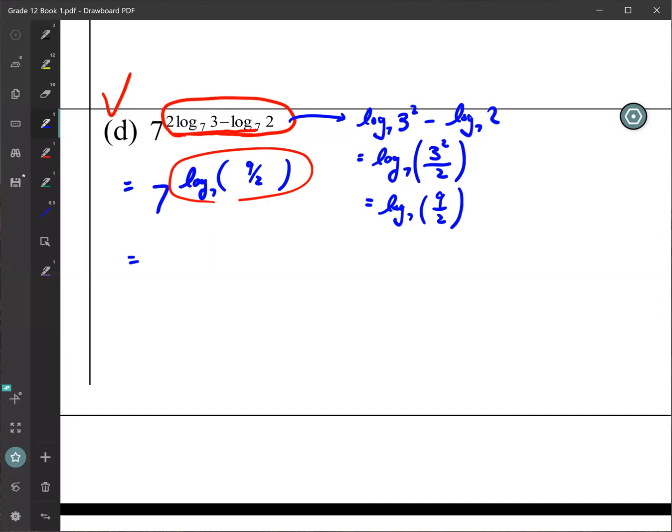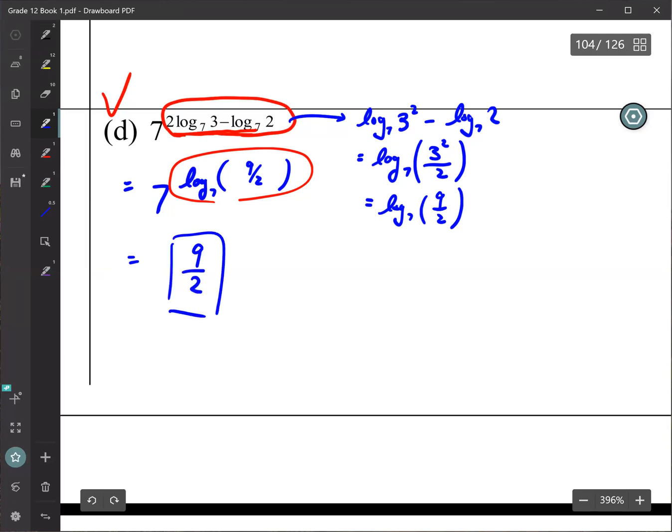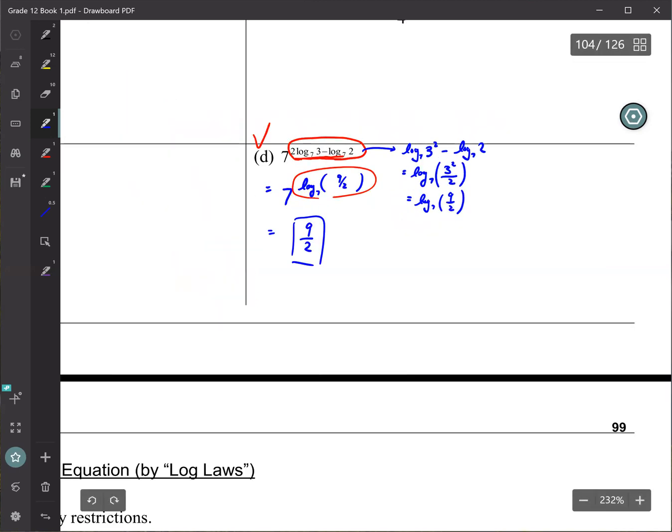Donna? 9 over 2. Yeah, okay. So the whole thing equals 9 over 2. All right? So even though it's using rule number 5, they won't just give you a simple question where you just apply it. Sometimes they mix other rules, so you've got to take a few other steps first, to see if you remember how to apply other laws.